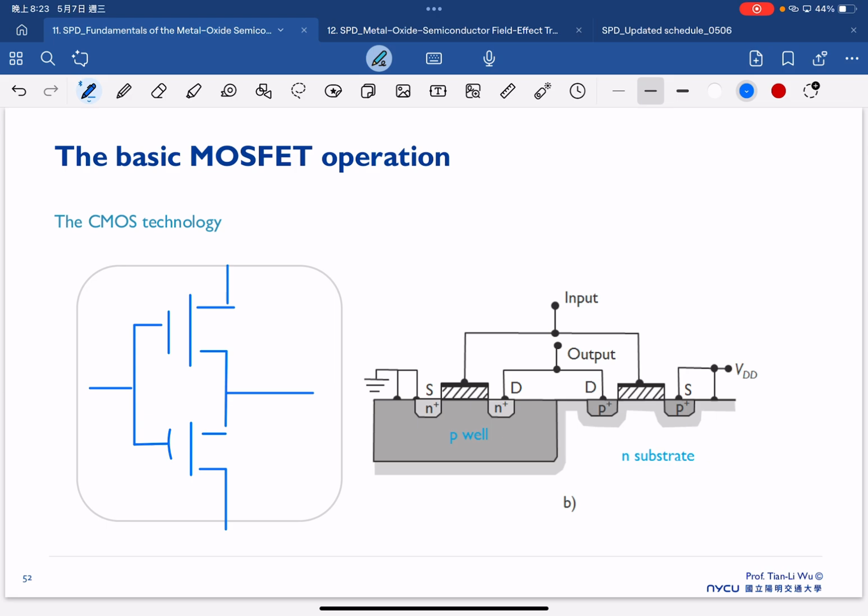So that will be Vin, and this will be Vout here. For this PMOS, we have the gate, source, drain. And for the NMOS here, we have the gate, drain, and source.